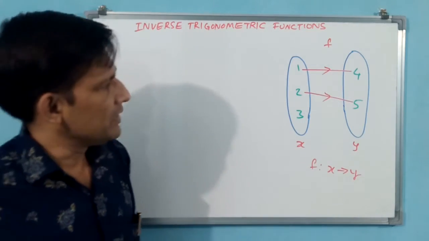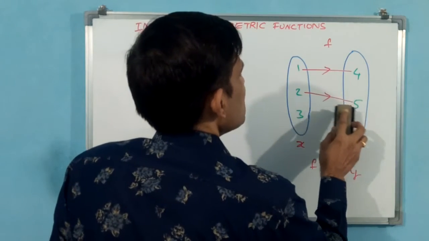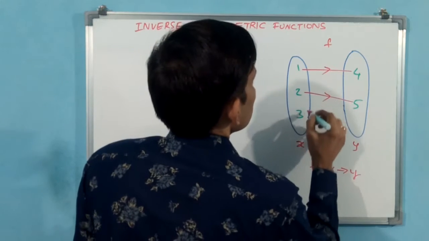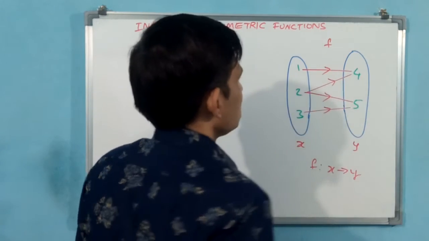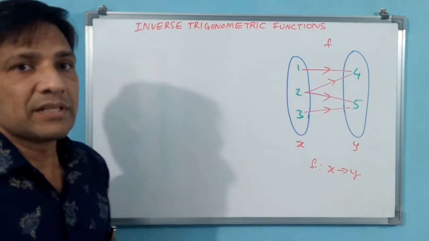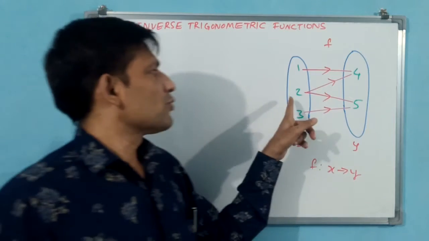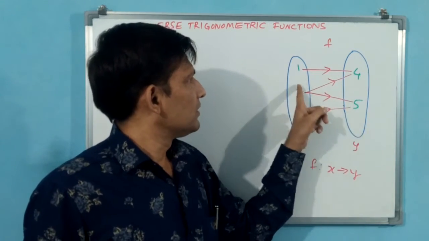Okay? Now again I am changing. Is it a function now? No. Why? Because element 2 has 2 images, 5 and 4.